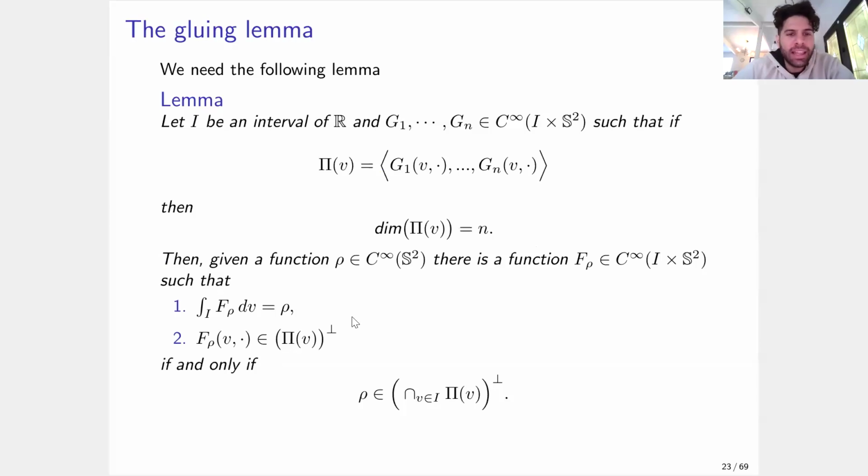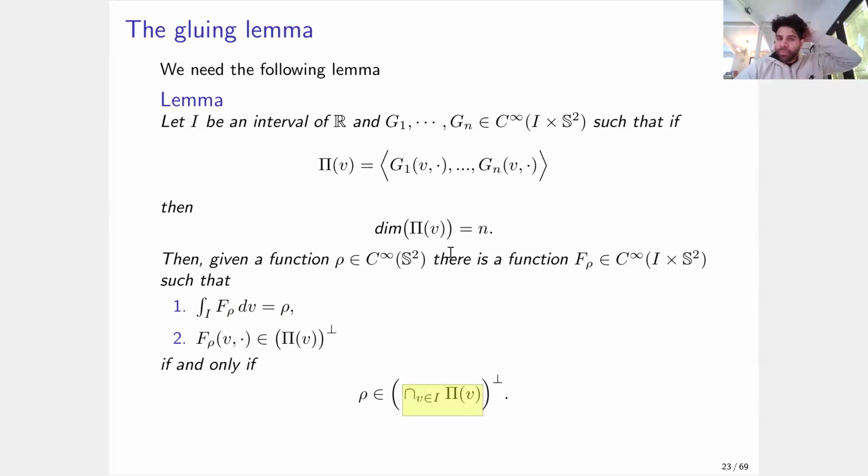And the theorem says that given any function rho, so in other words, given any sphere data on sphere 1 and sphere 2, there is a function f rho that satisfies both of them if and only if rho is in the orthogonal complement of the intersection of all the kernels over all sections.